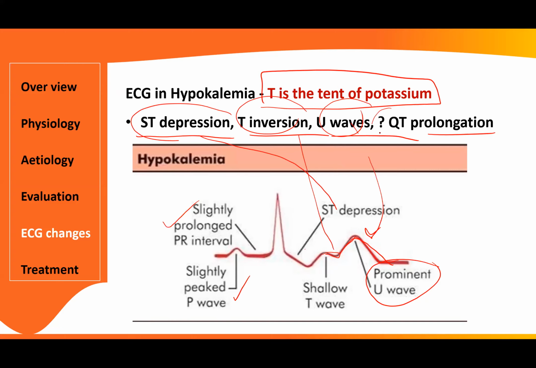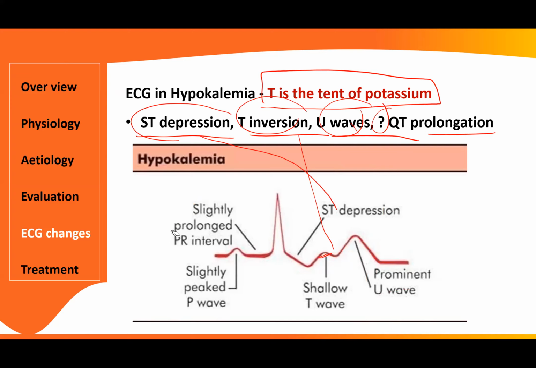And this QT prolongation I put a query because the QT interval is measured from here to the end of the T wave. But when the T wave is not properly visible, you measure up to here. Actually, that is called the QU interval. And you are measuring QU and thinking it is a prolonged QT interval. It is a pseudo prolongation of the QT interval.